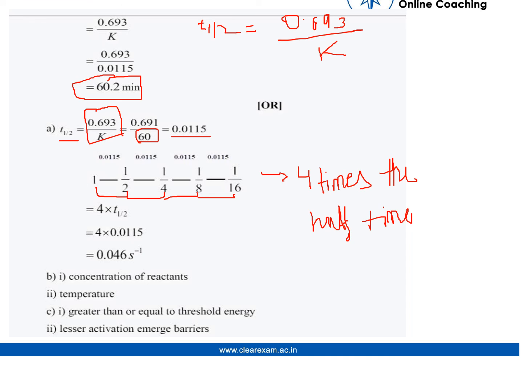So we multiply half time by 4, and the answer comes out to be 0.046 seconds.